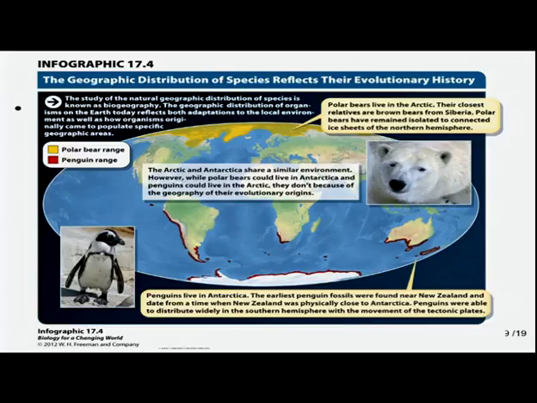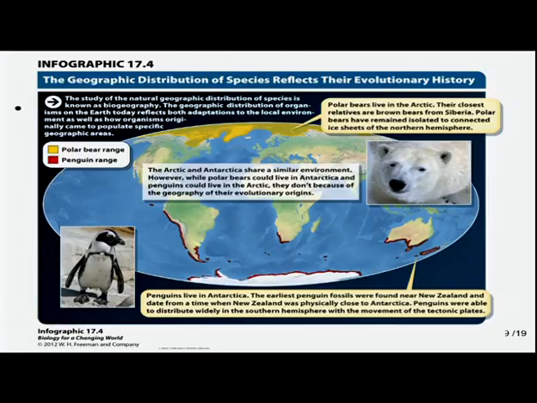Millions of years ago, it was all one big land mass, and then the continents have been drifting and drifting and drifting. So Antarctica used to be attached to Australia and South America and Africa, and so they can look at where species go based on what they look like and how they think they might be related, right?